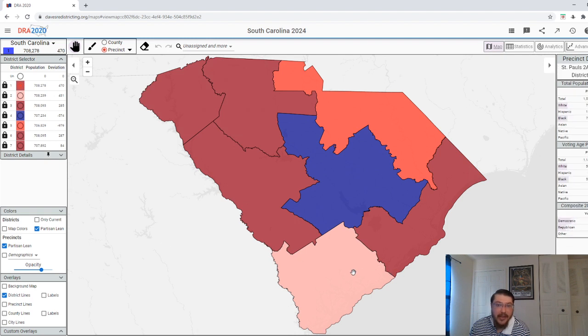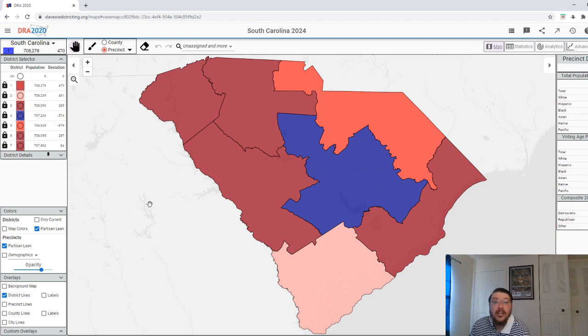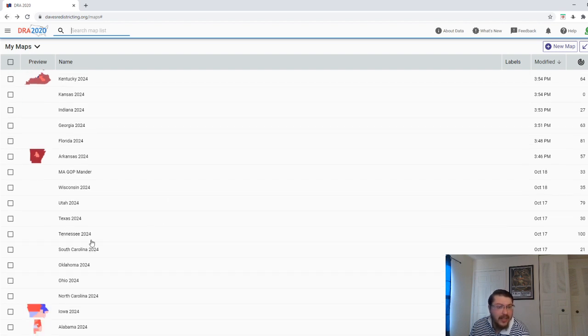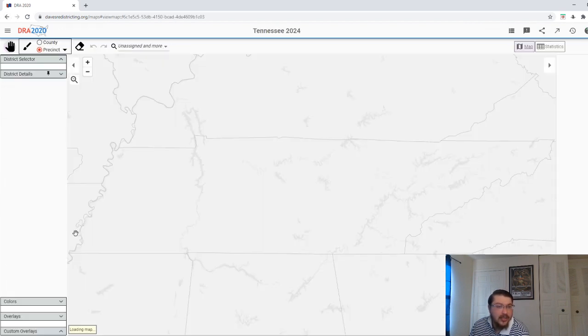Okay, one competitive district that leans Republican, and a safe Democratic district, because you're going to wind up with one of those unless you're really trying to break things up in South Carolina, just because, Voting Rights Act, you have to create a majority-minority district. So even though I think that one actually got thrown out.